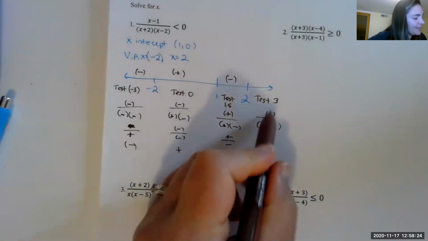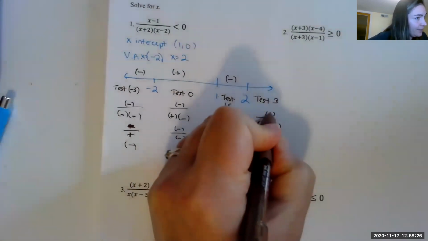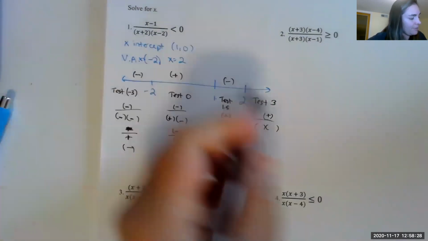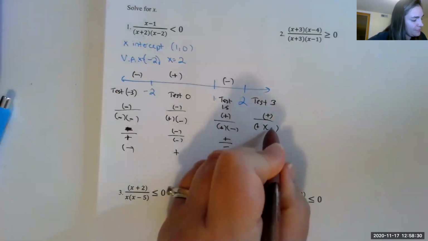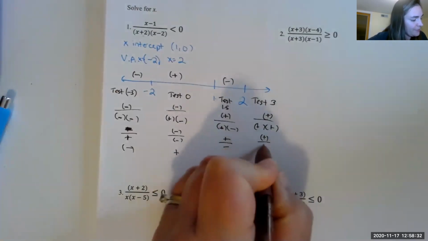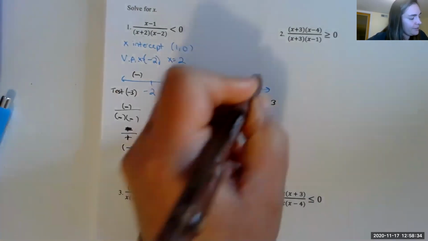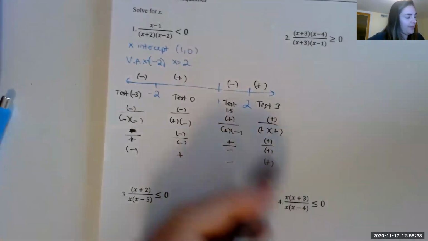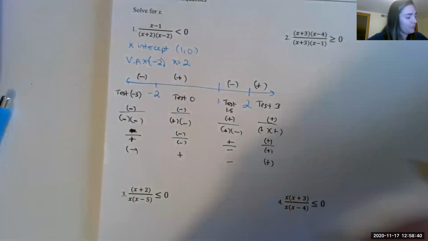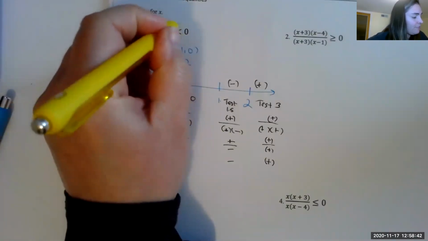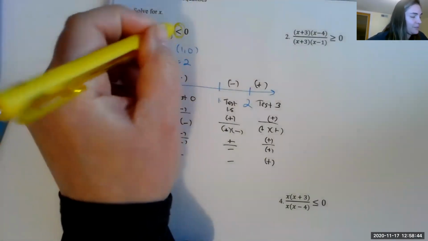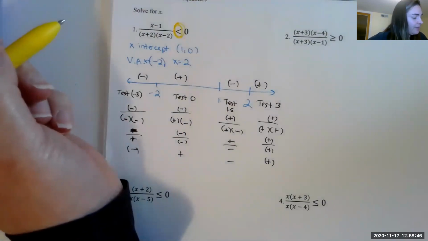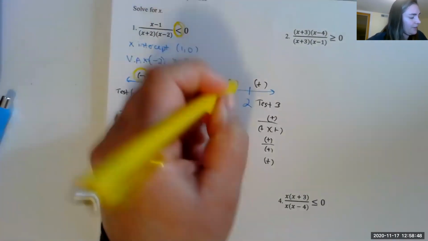All right, and then lastly, testing 3. 3 minus 1, positive. 3 plus 2, positive. 3 minus 2, positive. So this is positive over positive. So this is going to be positive. So the actual question is, for what values of x is this expression less than 0, right? So that's going to be here and here.